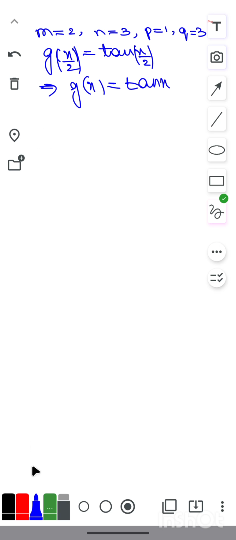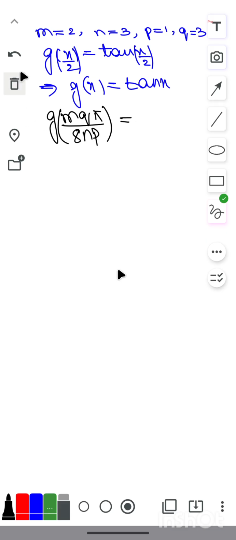Now we wanted the value of g of mq pi whole divided by 8 np was the question, 8 np.